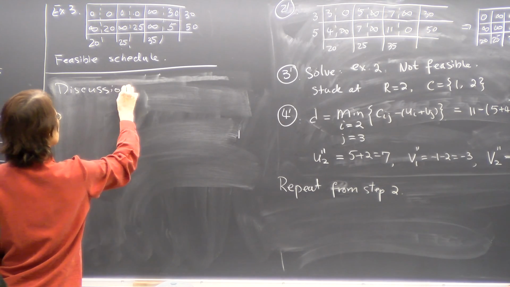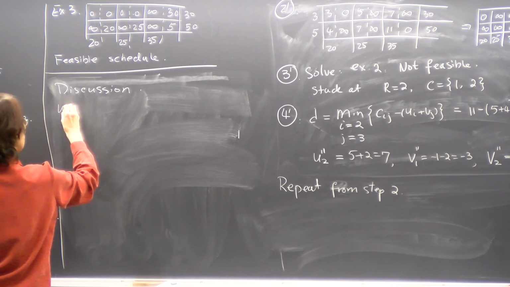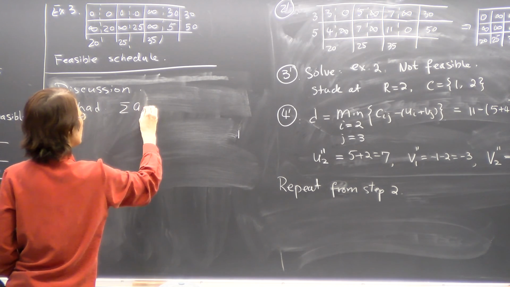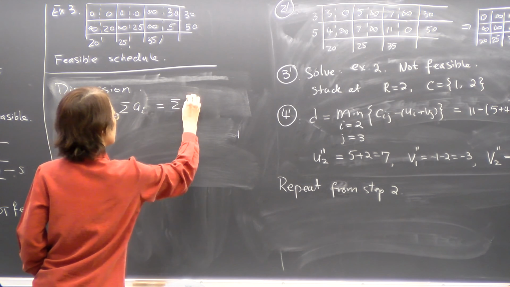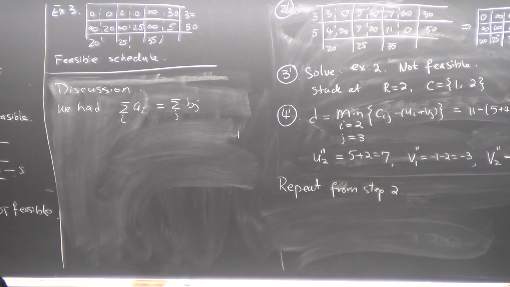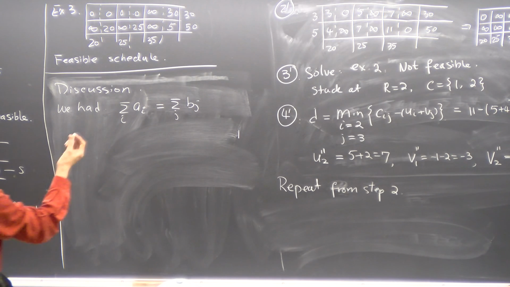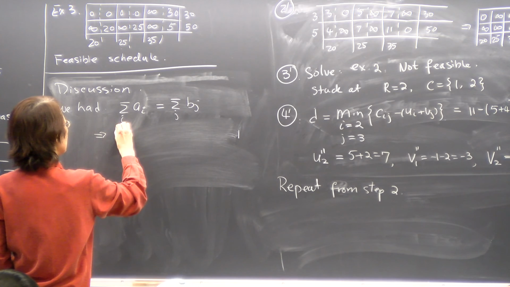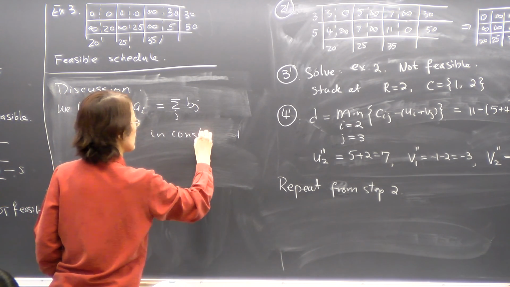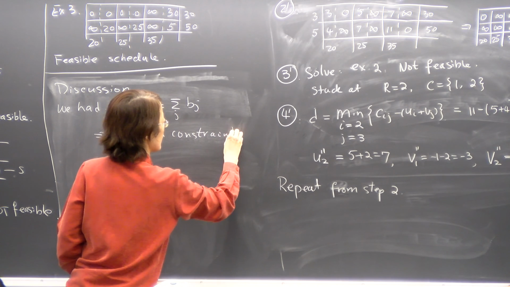For the problem we have here, the summation over all a_i equals the summation over all b_j. So your supply exactly equals demand, which leads you to all equal signs in the constraints. Is that right? Because they have to be exactly met.